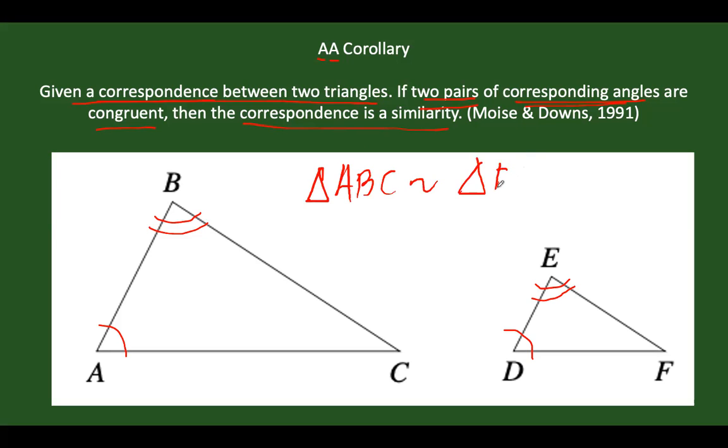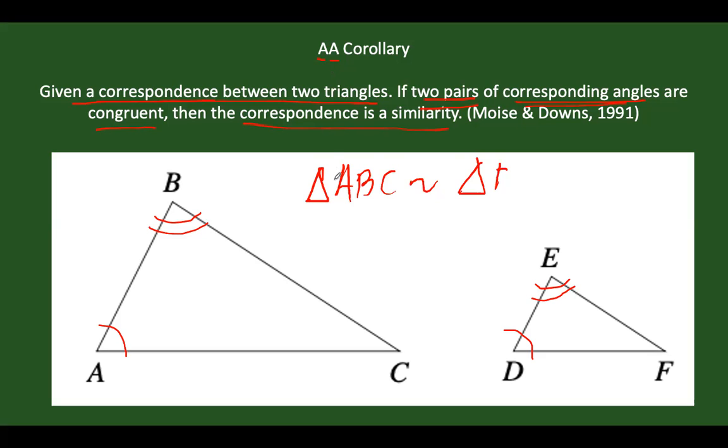Again, please observe the corresponding parts in writing the similarity statement. So here, again, we have only two angles needed for us to determine that these two triangles are similar, right? So we can use the angle-angle-angle if you want, and we can also use the angle-angle corollary.